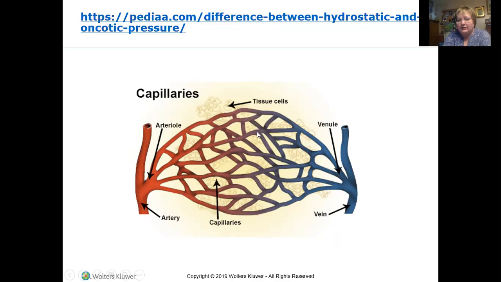Albumin remains inside those vessels, and it creates a pressure that pulls the fluid back. Along with that fluid come CO2 and the waste products. That all collects back into venules, veins, the vena cava, and back to the heart, the right atrium. That's how that works.